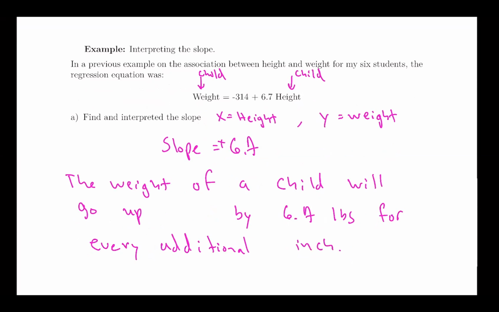Each additional inch that this child or student adds on essentially means they should be gaining 6.7 pounds. So for each inch that their height is growing, that transfers over to them gaining 6.7 pounds.